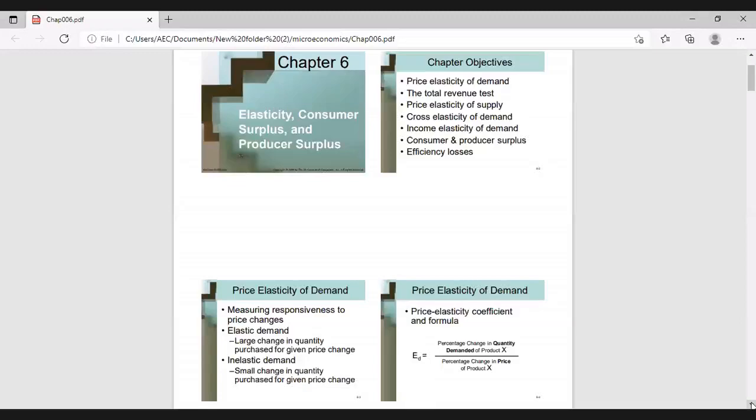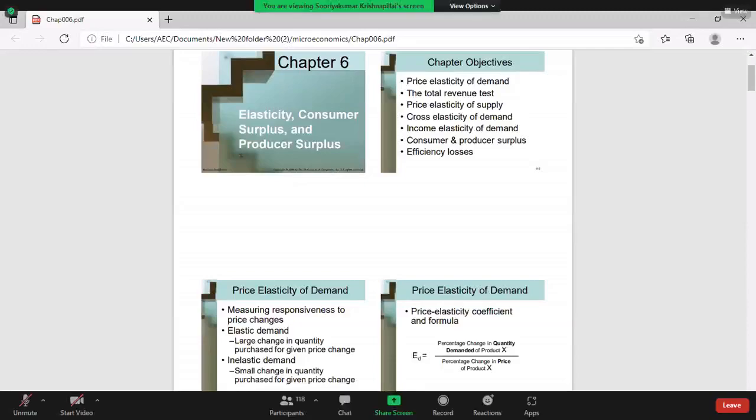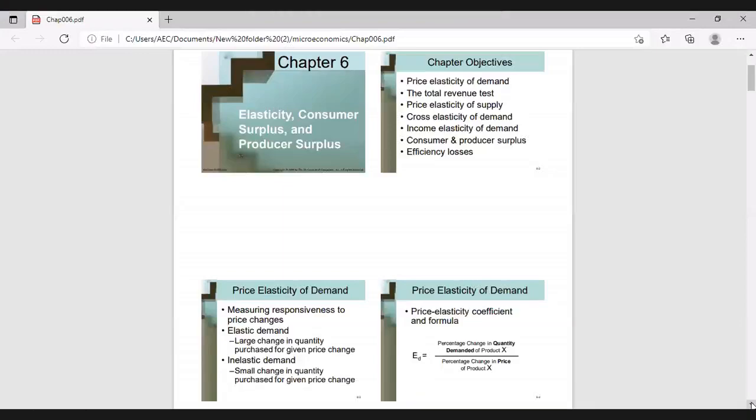And even for the same demand, the same product's demand curve, consumer response may vary. When the product price is very high, if the price changes, then the consumer responds more.